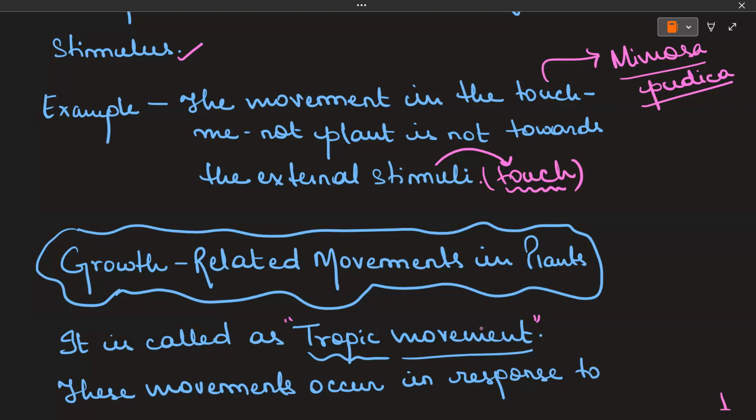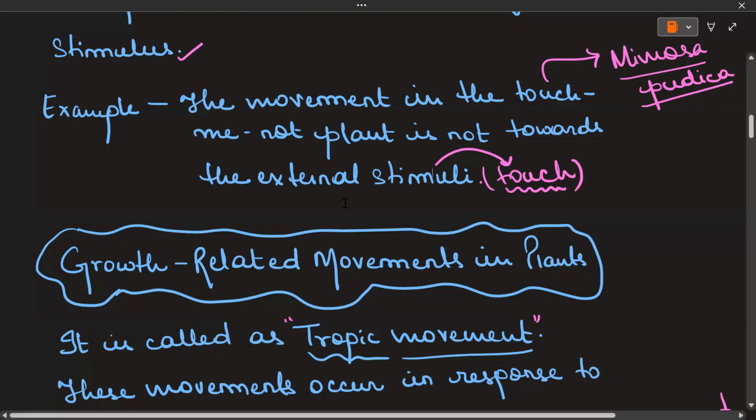In the exam they may ask what type of movement is seen in Mimosa pudica. You should know which plant it is, and then you can say that in Mimosa pudica, nastic movement takes place. Got it?